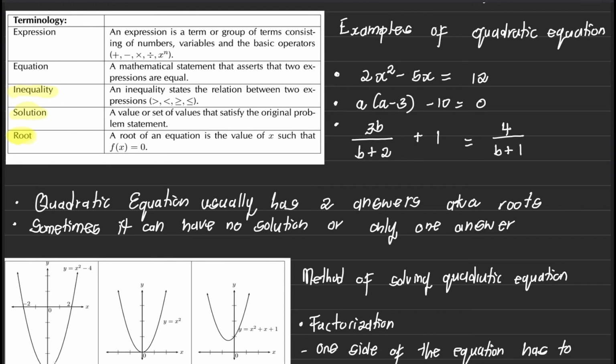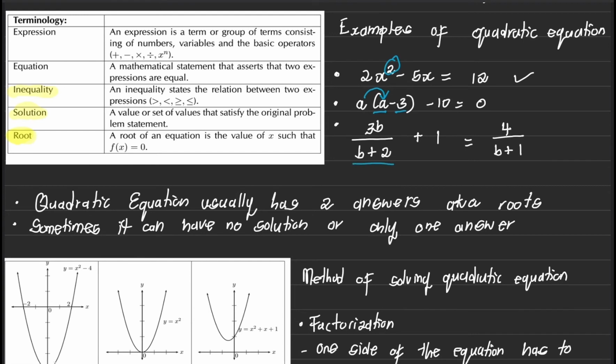Examples of quadratic equations. So we have the first equation, which is this one. If you take a look at this equation, you can see that the degree of this x is 2. That indicates that this is a quadratic equation. And then you also have a(a - 3). If you multiply this a by this a, you're going to get a², which indicates that this is also a quadratic equation.